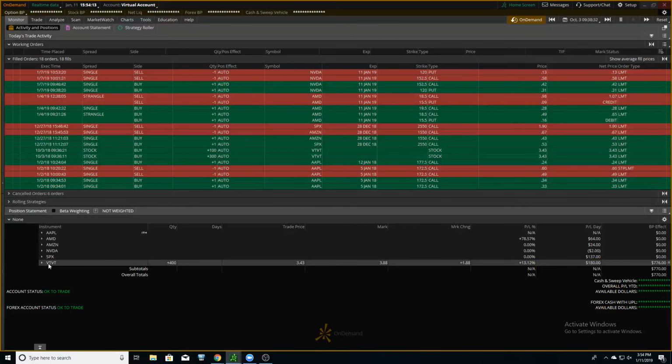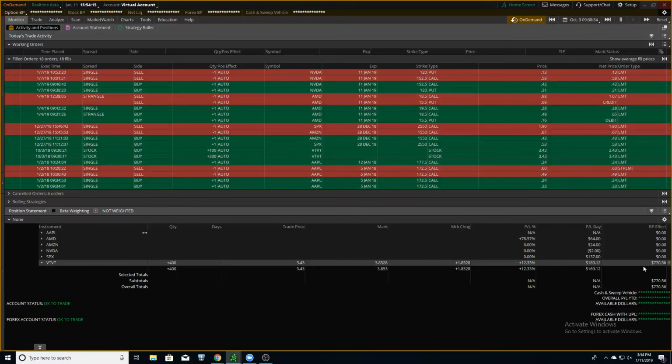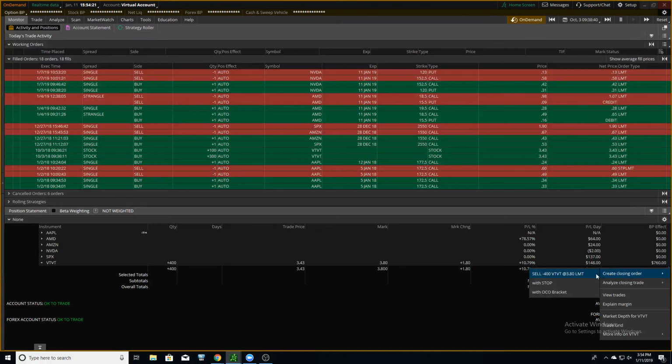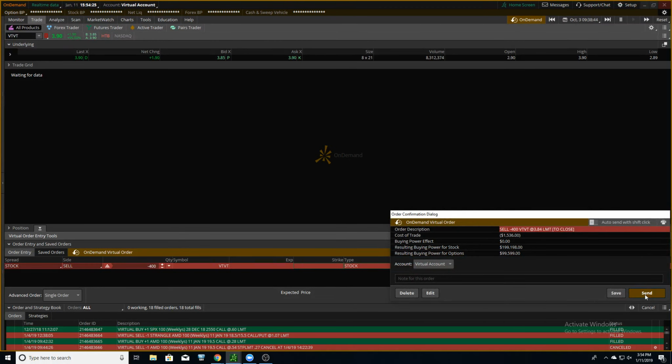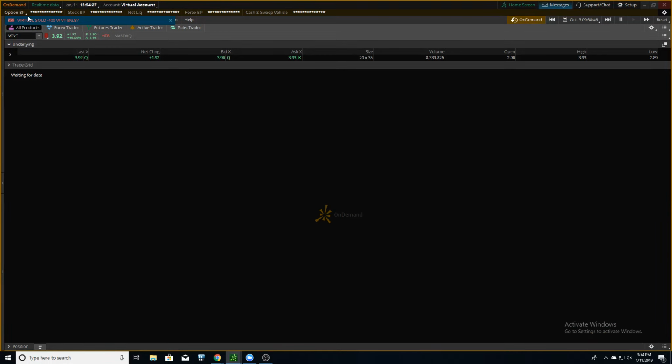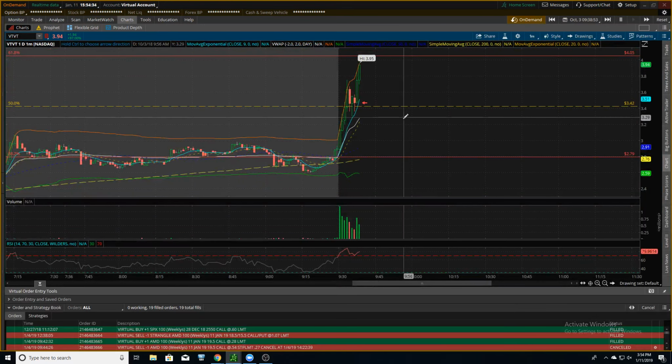We have this position. This is why I say, have your hotkeys set up. 100 shares, create closing, close at 380, confirm and send. There you go, virtually sold right there. Now you see how much fumbling around that was? That much fumbling around can be a huge detriment to a trade.